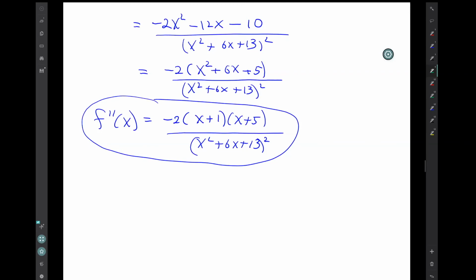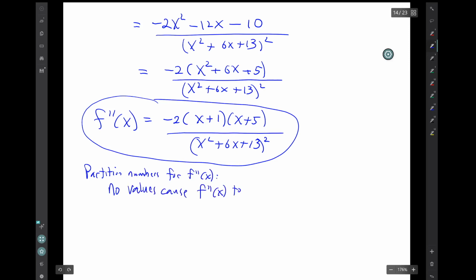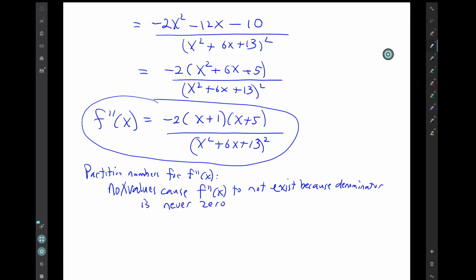All right, now we need to make a sign chart for f double prime, so we need to find its partition numbers. So there are no x values that cause f double prime to not exist because the denominator is never 0. So the only partition numbers for f double prime will be the x values that will cause the numerator to be 0.